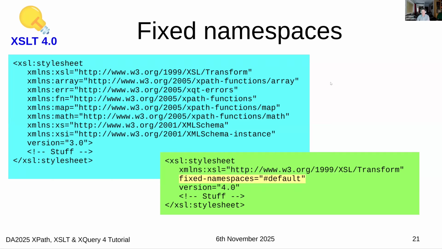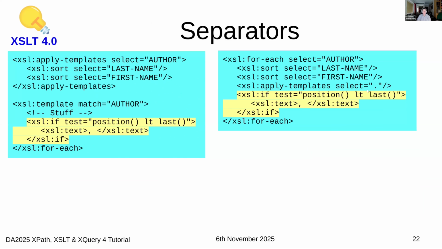Well, now we've got a thing called fixed namespaces, where you can put in hash default and it will load all the usual suspects, and you can put other bindings in there yourself if you want. The only thing you've got to be careful of is you must define the XSL namespace prefix in order to satisfy XML itself.